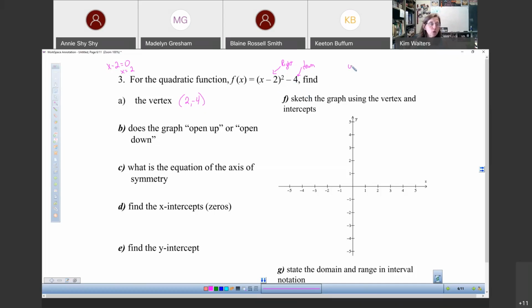I told you that in general, it's a times x minus h squared plus k. Well, my k value is -4, and 2 was subtracted from x. And so there's my vertex. Second part of this, does this graph open up or down?